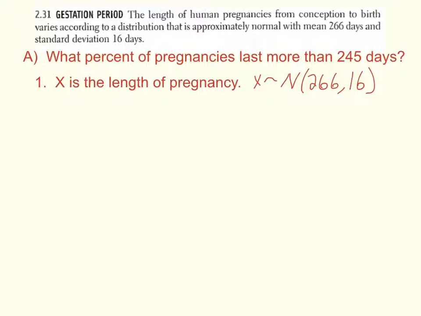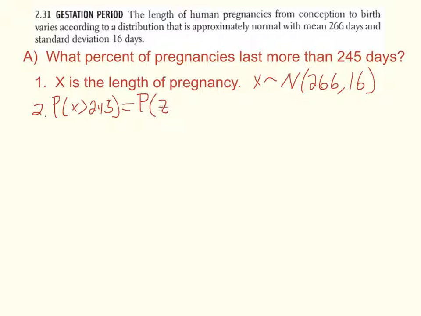Part 2 to your answer is doing the math. Part 1 was to define the variable, Part 2, do the math. So we want to find the probability that X is greater than 245 in an approximately normal distribution. So what you want to do is convert this into a standardized value.